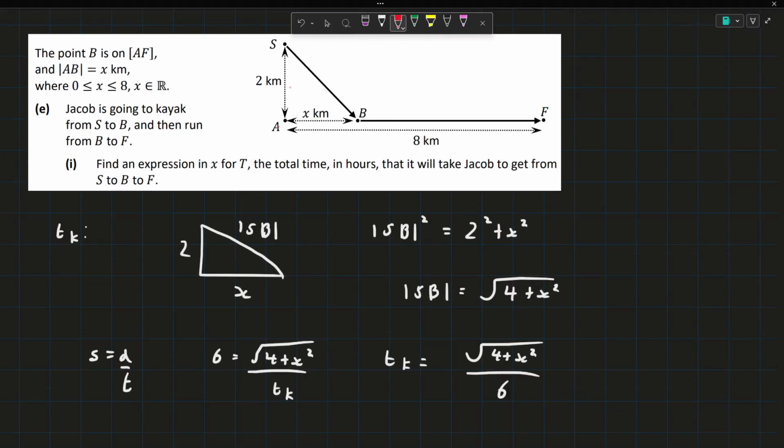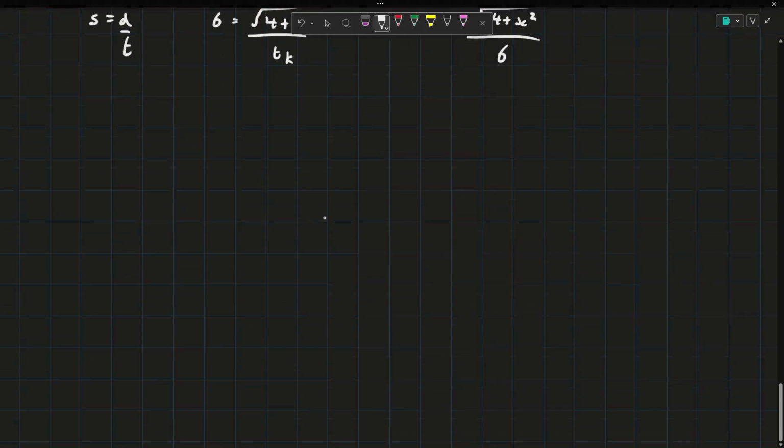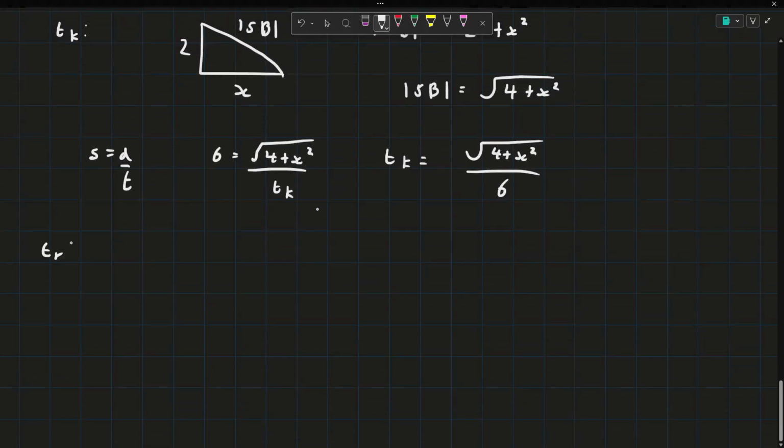So now we need to figure out how long it takes for him to run from B to F. Well, we need to figure out what this distance BF is. Well, we know that the entire thing is 8. BF is the entire 8 without the x, so this distance here is 8 minus x, which makes sense because if you add this to this, you get 8. So basically, for the time of running, speed is distance over time.